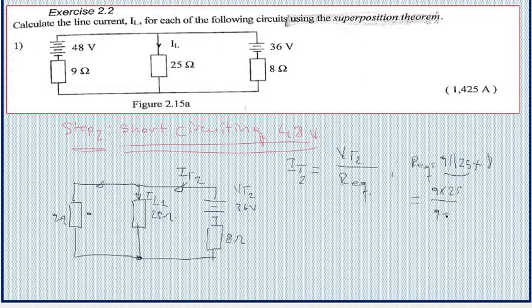So just repeat them, we have 25 and 9. So on top we multiply, and at the bottom we add, and then we divide, and we add that 8.